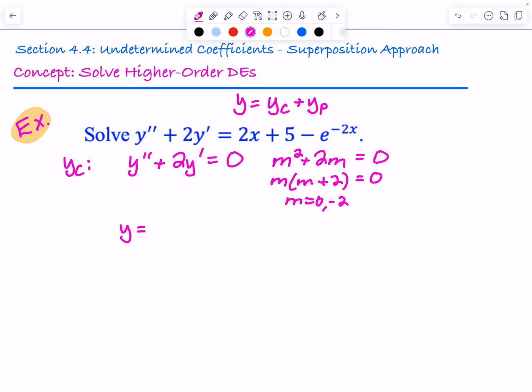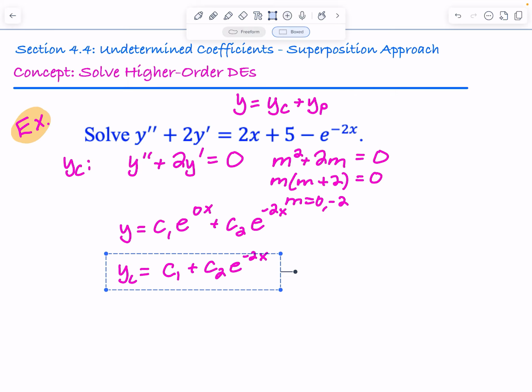So we get y equals c1 e to the 0x plus c2 times e to the -2x. I could rewrite this. This is my yc. So yc is equal to c1 plus c2 e to the -2x.